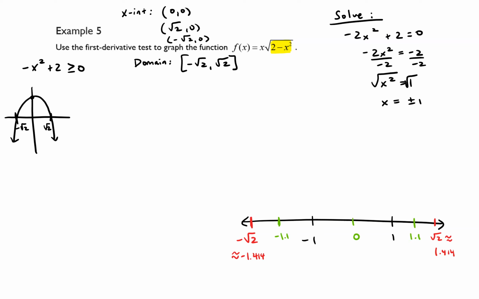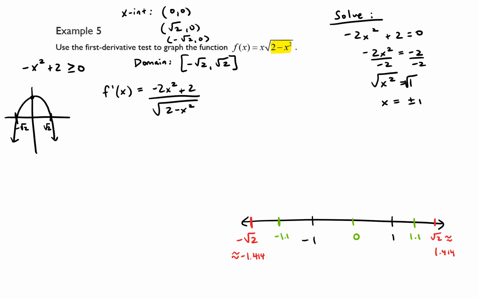And then I'm going to evaluate all of those using our derivative function, which I am now realizing I erased, but our derivative function was f prime of x is equal to (-2x squared plus 2) over the square root of 2 minus x squared.